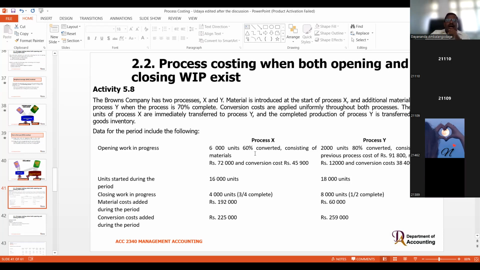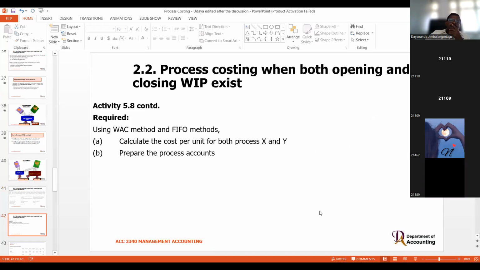You should have the answer to this question. Units started during the period 16,000, 18,000, closing work in progress 4,000 and 8,000, material cost added so much, conversion cost so much, and here so much. So what is the question? Calculate the cost per unit for both X and Y based on the weighted average and the FIFO methods and prepare the process record.